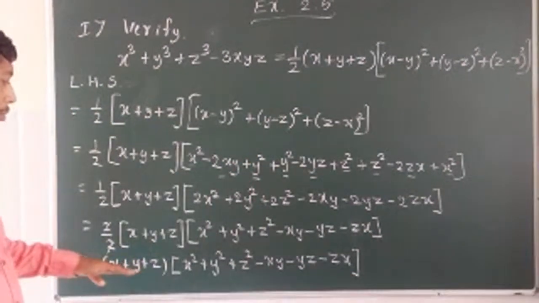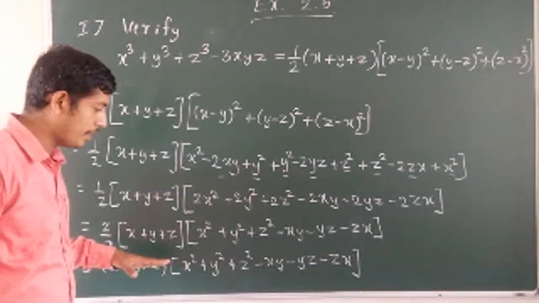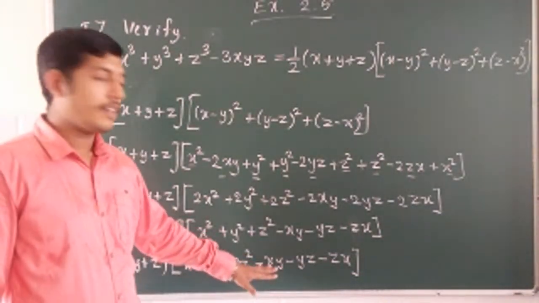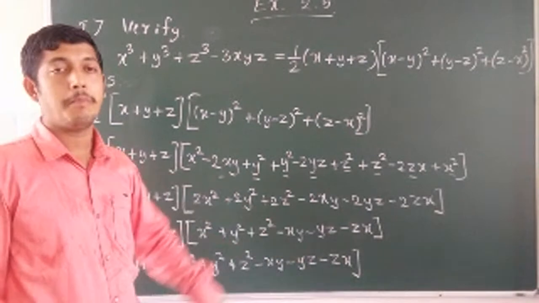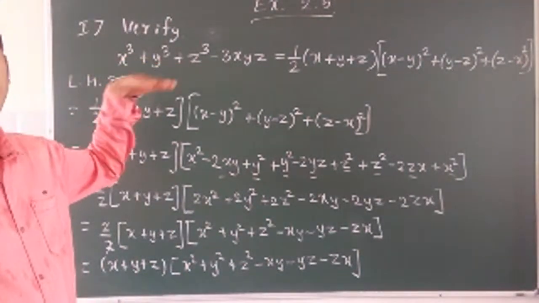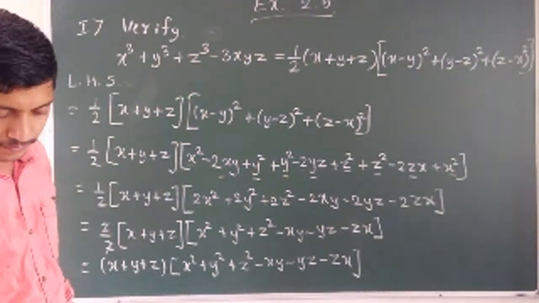So this is in the form of a plus b plus c. We have another identity: (a plus b plus c) into (a square plus b square plus c square minus ab minus bc minus ca) is equal to a cube plus b cube plus c cube minus 3abc. Just look at the steps up to this.